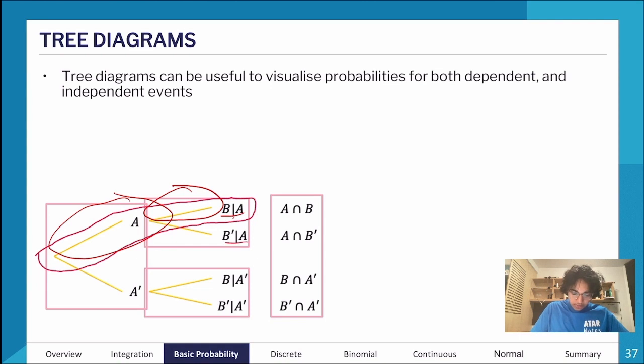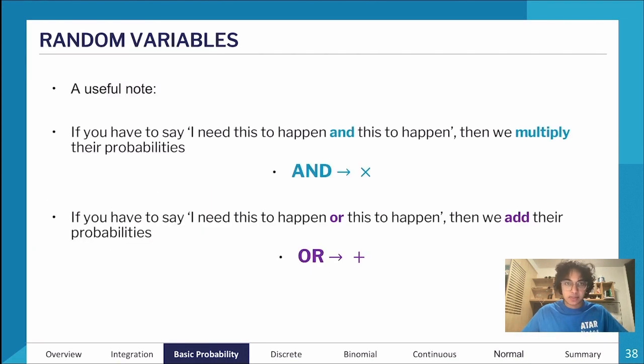And it's all given in conditional probabilities, right? Because what this is saying is that B happens given that A already happened, right? And so from there, we can multiply the probability of these two things to give us their intersections. Okay, hopefully that makes some sense.